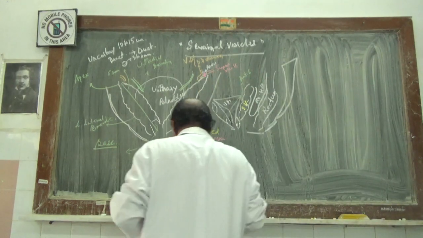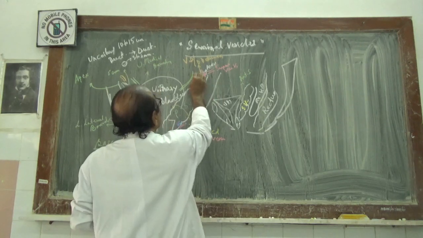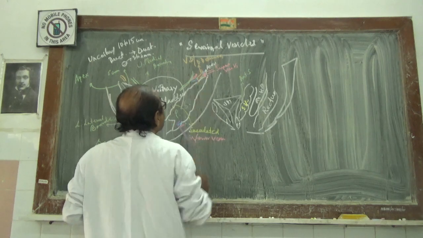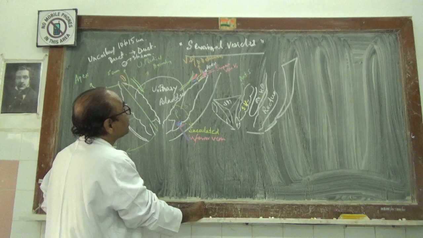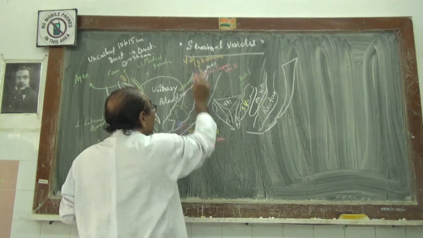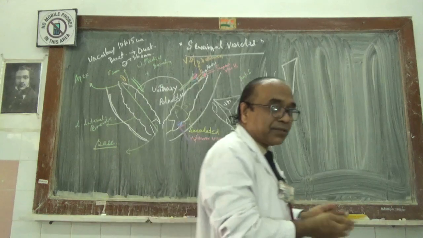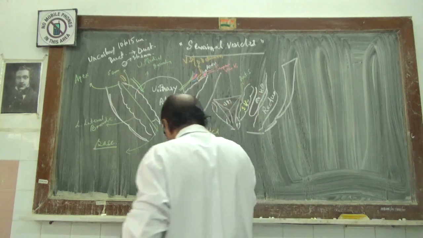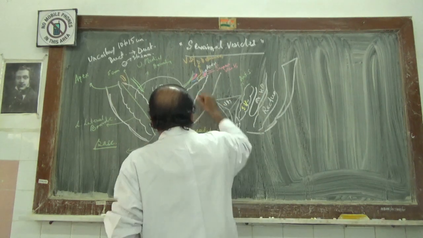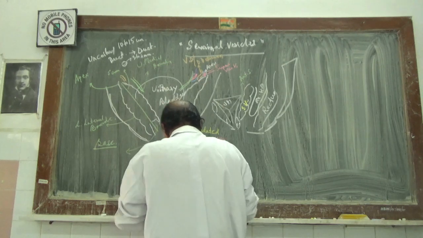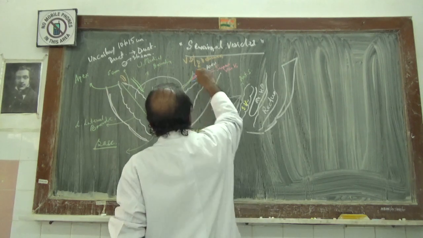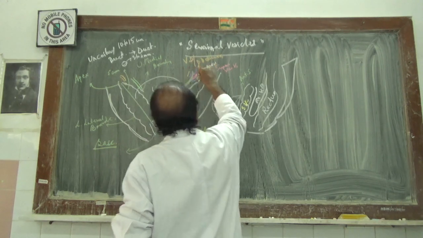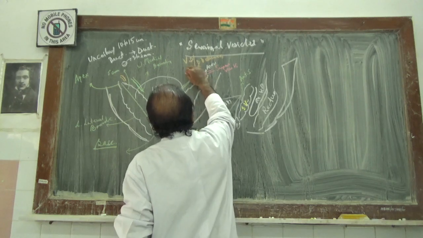Apart from that, it is also related to vessels which are reaching the ductus deferens, veins which will be draining the ductus deferens, and lymph vessels which will be draining the ductus deferens. Apart from that, it is related to peritoneum, both visceral and then parietal. These are the peritoneum.